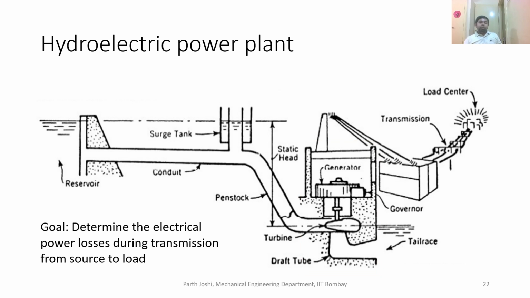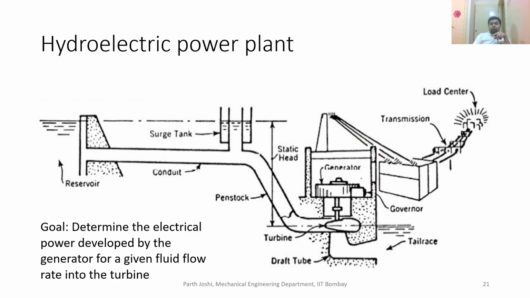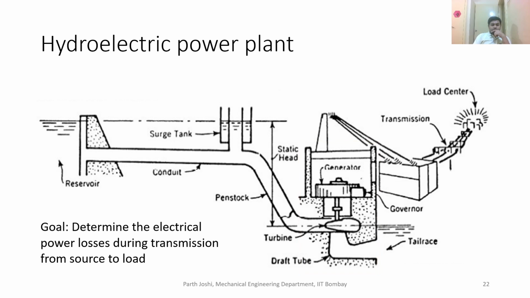I think the next example is also simple. If you want to determine the electrical power losses during transmission from the source up to the load, then we will just include the last part, where we have the power from the generator coming in, and because of the transmission, I squared R losses.